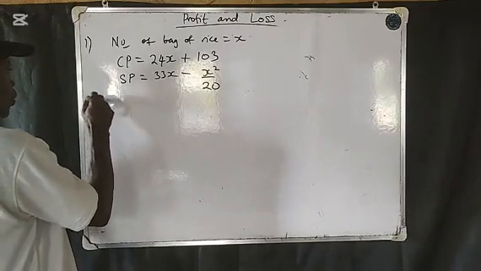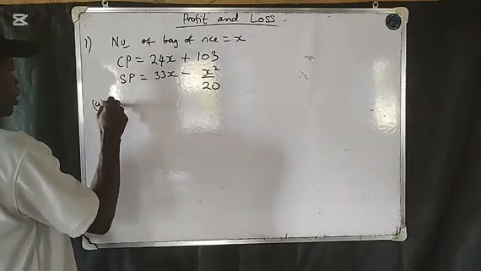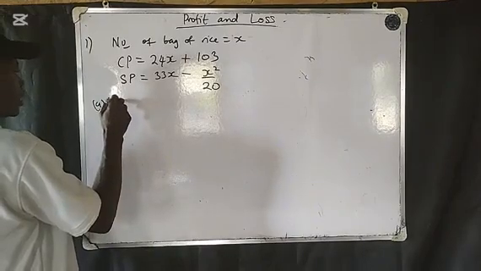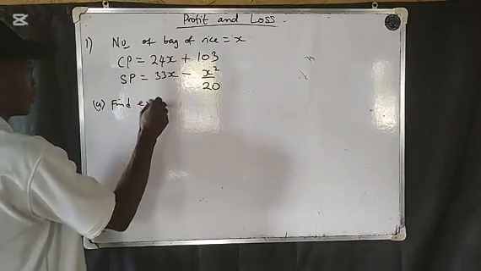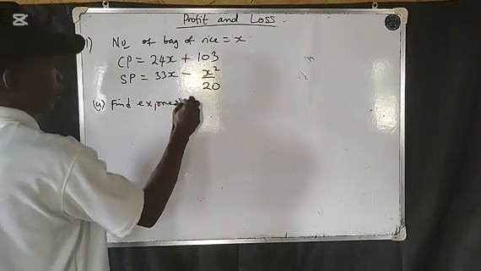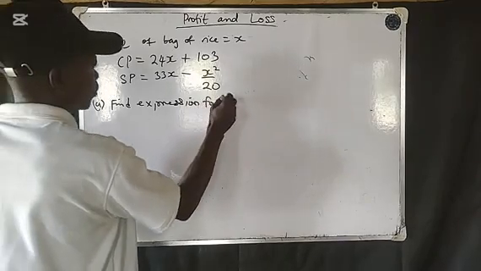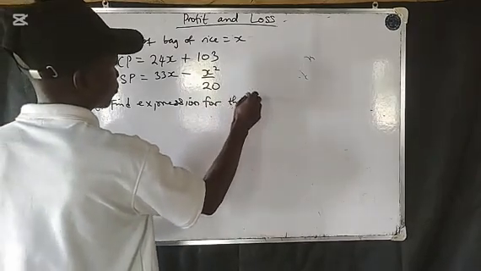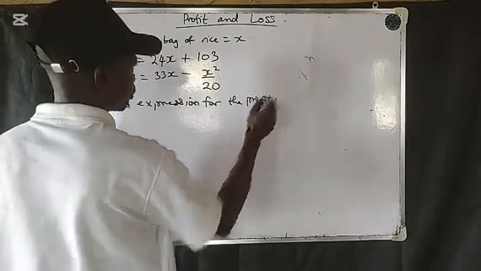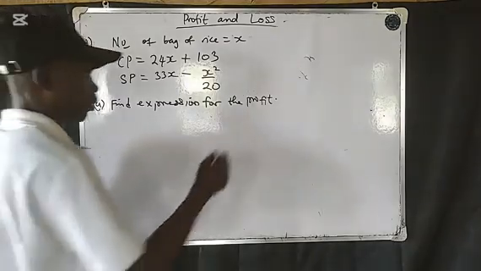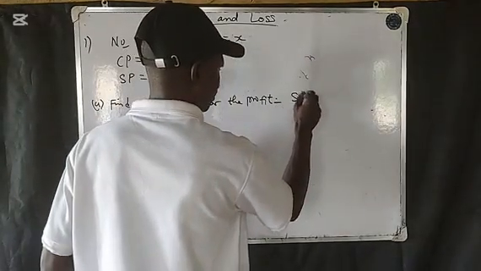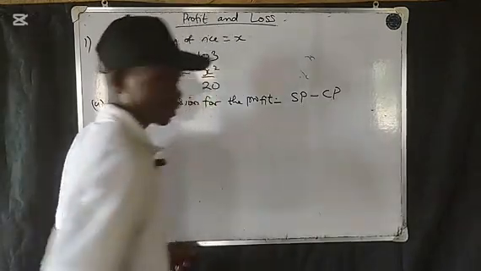Question A, under this question, we are told to find expression for the profit. If we are told to find expression for the profit, we know that profit is SP minus CP, right?